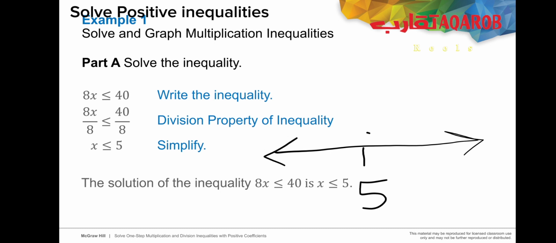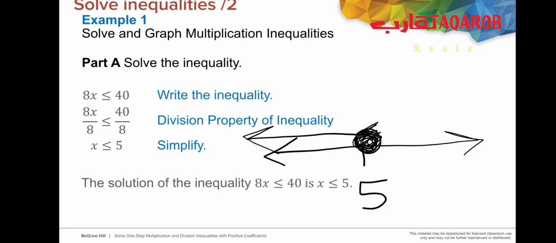Now I will draw a circle and fill it, or close it. Why? Because there is less than or equal, and all of the solution is all of the real numbers that are less than or equal to 5, so the solution is going to the left side.